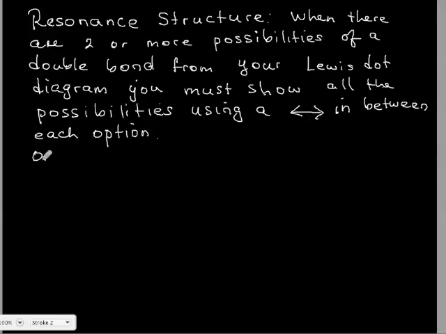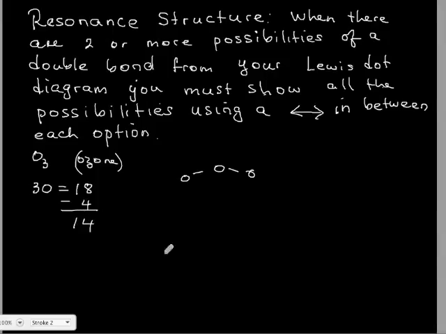Consider ozone, O3. Using our 4-step system, we will predict that our 3 oxygens have a total of 18 electrons, and we will predict a bond which may be something like this, where you take 4 electrons off and you are left with 14 electrons.